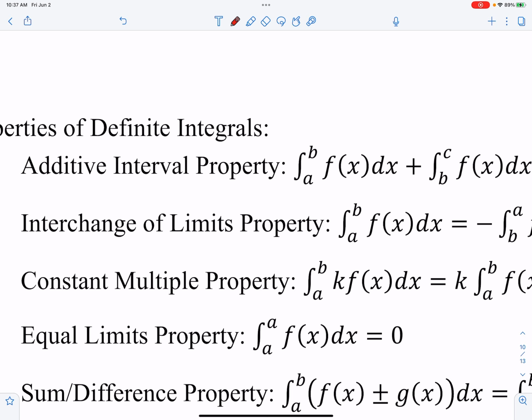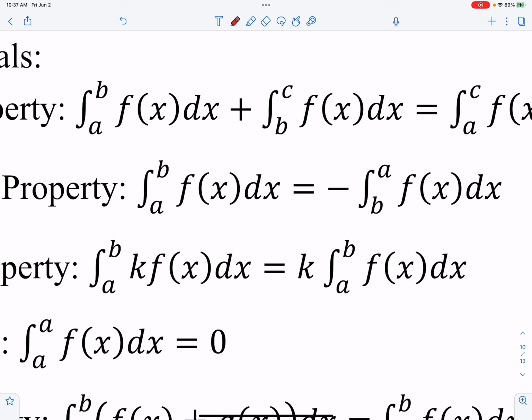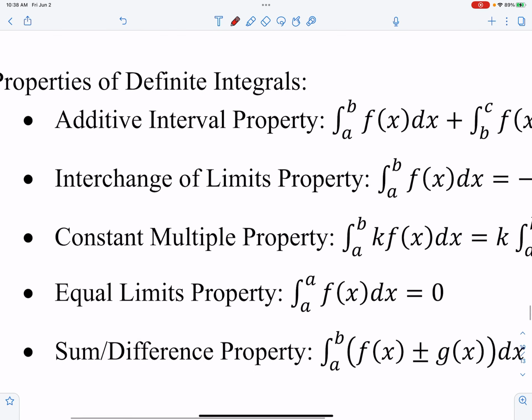The constant multiple property says that if you have an integrand that you can think of as a function times a constant, you are allowed to pull out that constant. If the limits of integration are the same number, like you're integrating from 2 to 2, the integral is just 0.